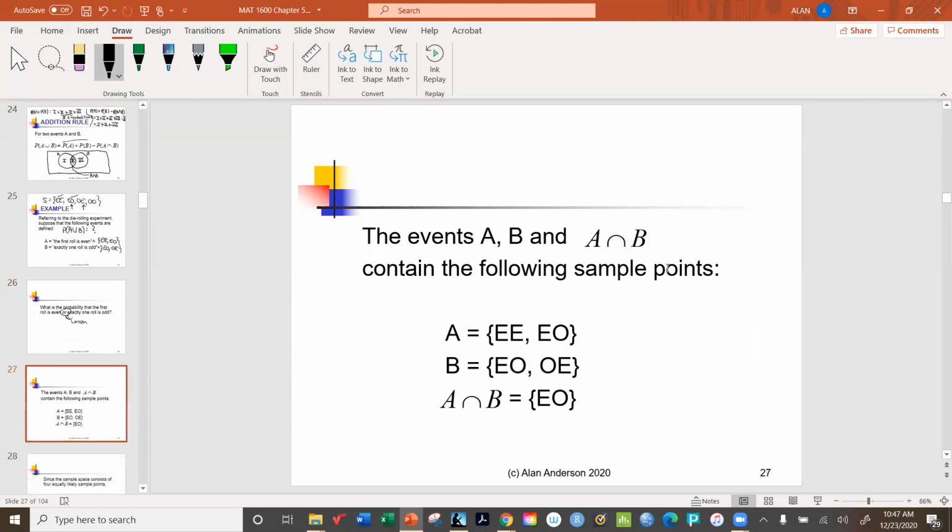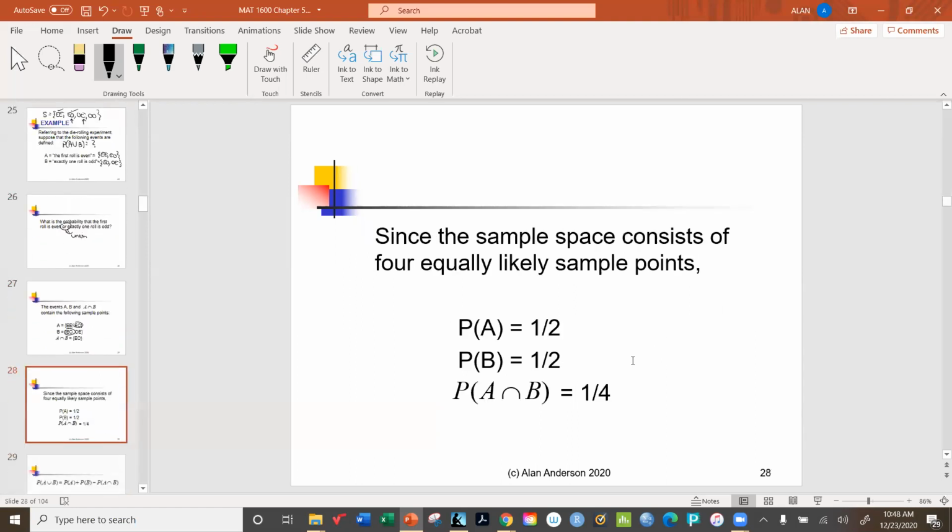Perfect. All right, so this is A, this is B, this is their intersection, which we will need for the addition rule, and you can see that they do both in fact contain EO. So let's use the rule.